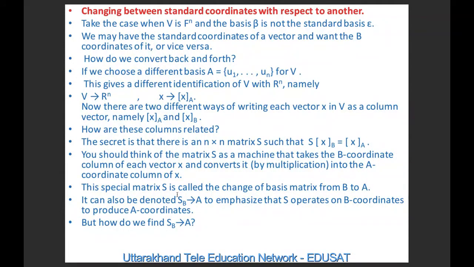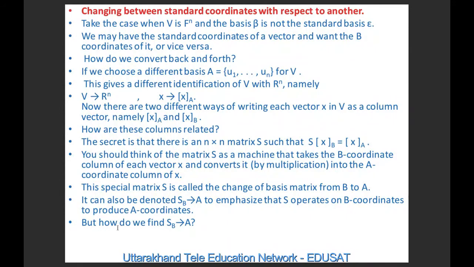This special matrix S is called the change of basis matrix from B to A. It can also be denoted as S from B to A to emphasize that S operates on B coordinates to produce A coordinates. We also denote it by this.